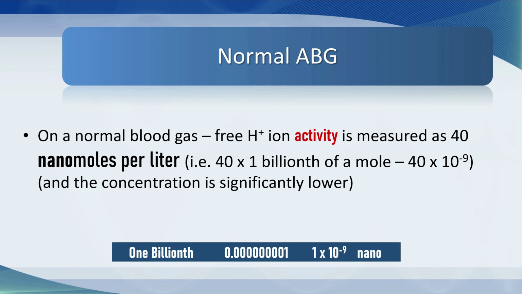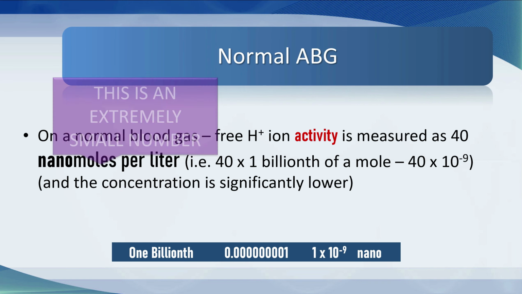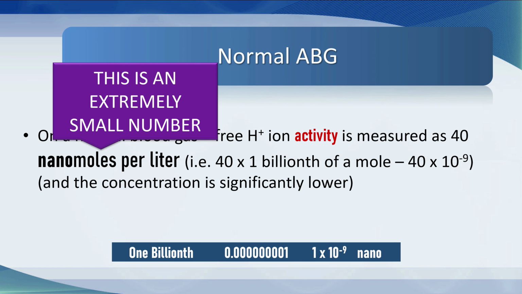On a normal arterial blood gas, the free hydrogen ion activity is measured at 40 nanomoles per liter. Now, a nanomole is 1 billionth of a mole. That's 40 times 10 to the minus 9. And the actual real concentration of free hydrogen ions is significantly lower. This is an extremely small number.